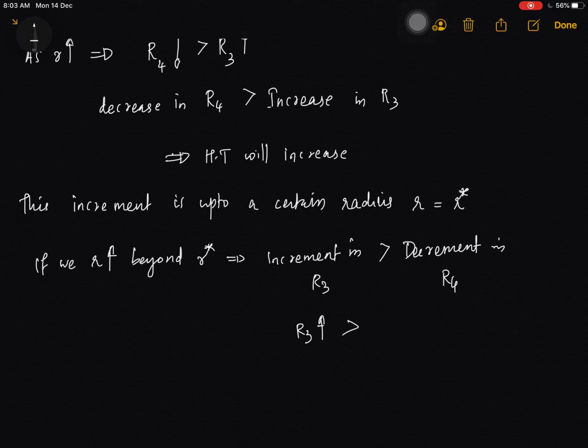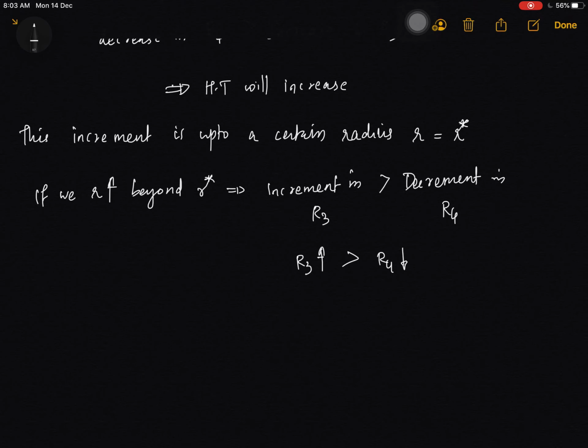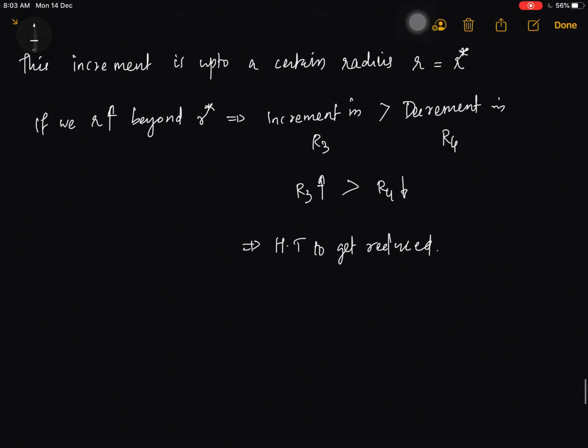So the equivalent resistance will increase, which will cause heat transfer to be reduced.